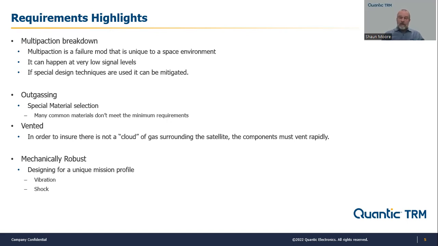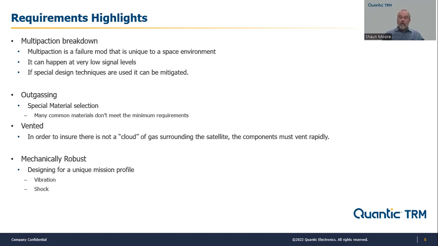The next item really is outgassing. Outgassing is, again, really critical for spacecraft operations. What you don't want is material collecting on the outside of the satellite as it goes through its orbit. This can have really horrible consequences, especially if you have any optics on the satellite.